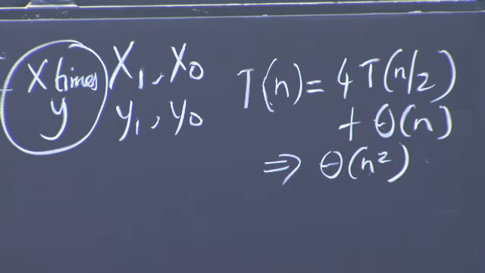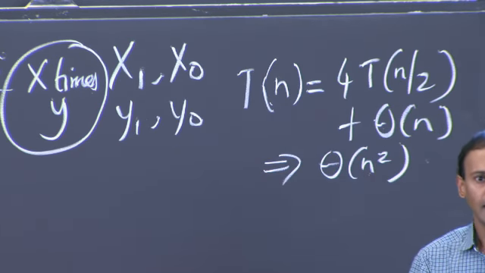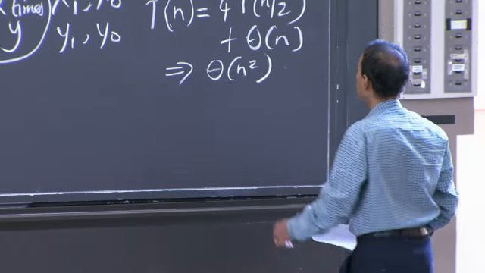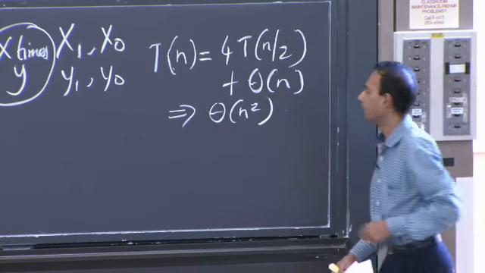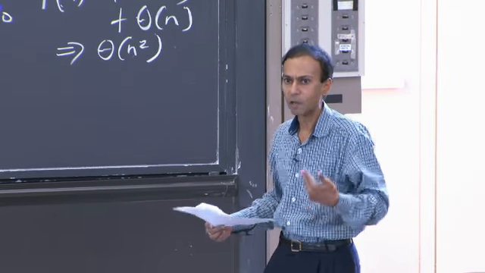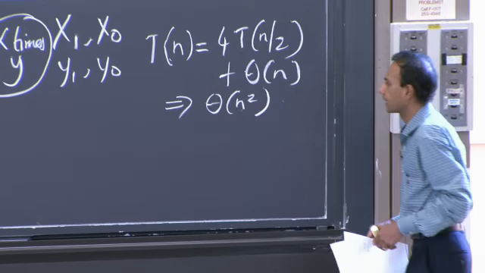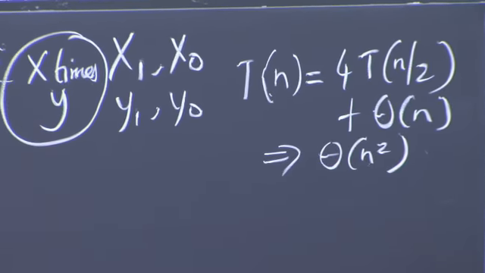So you have to do 4 multiplications corresponding to x1 times y1, x1 times y0, etc. And at each level in the recursive tree, you're breaking things down by a factor of 2 with respect to the digits of precision that you need to multiply as you're going down the tree. And this is the 4 multiplications. You get your theta(n squared) complexity.